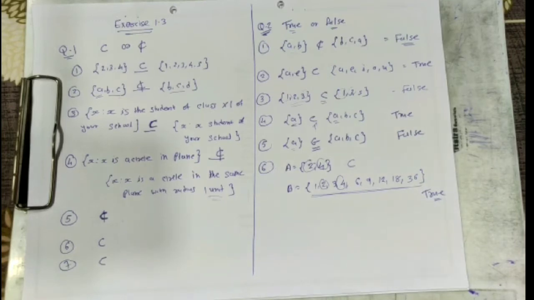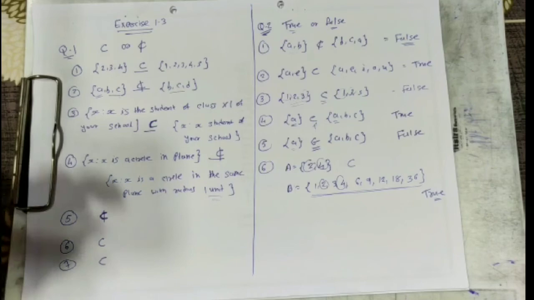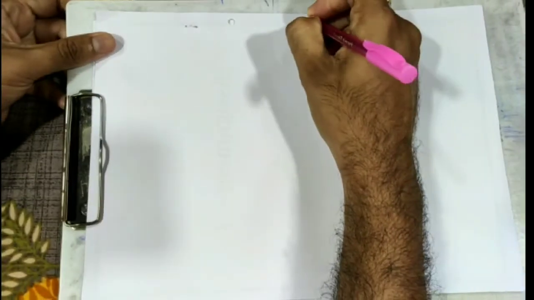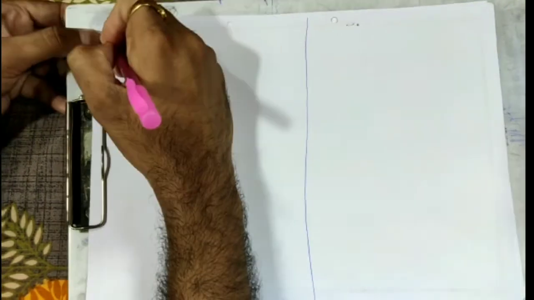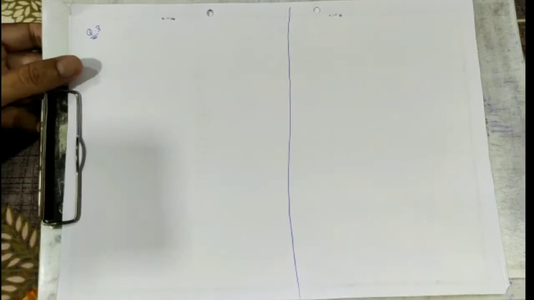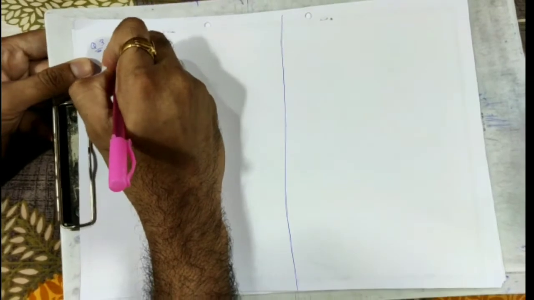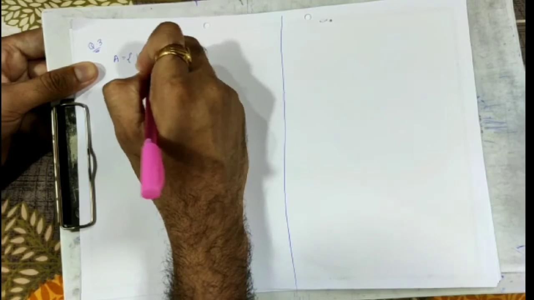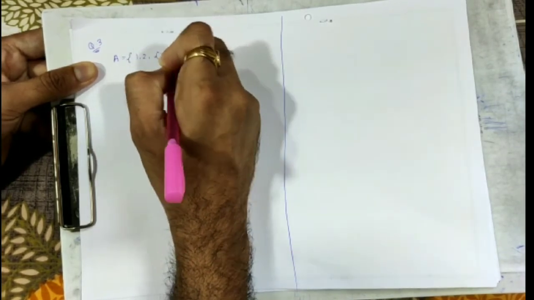Now question number 3. For question number 3, we are given one set A. Let set A equal to 1, 2, and one element is given as a set.